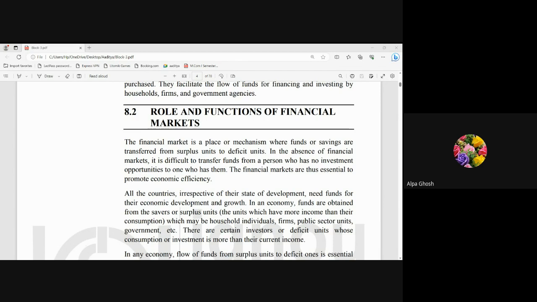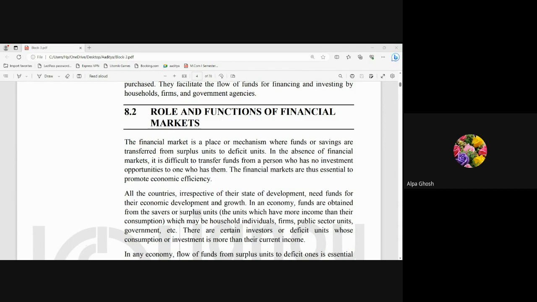So, the financial market is a place where the savers come and deposit their surplus amount. They transform their savings into investment, and then the borrowers who have a shortage of funds, a deficit of funds in their business operation, approach these financial institutions in the financial market, and from there they can borrow the funds which have been accumulated through the savings of different investors.